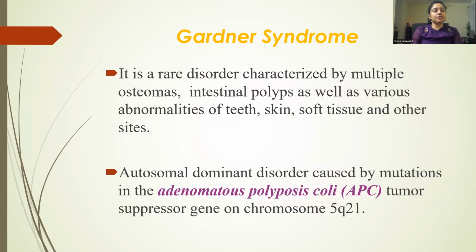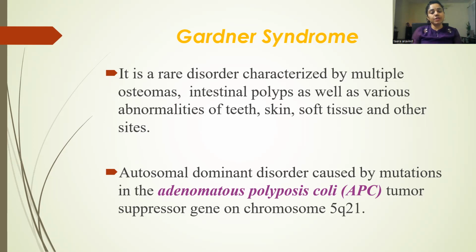Gardner syndrome is one of the most common syndromes associated with multiple osteomas. It is a very rare disorder characterized by multiple osteomas, intestinal polyps, as well as various abnormalities of teeth, skin, soft tissue, and other sites.